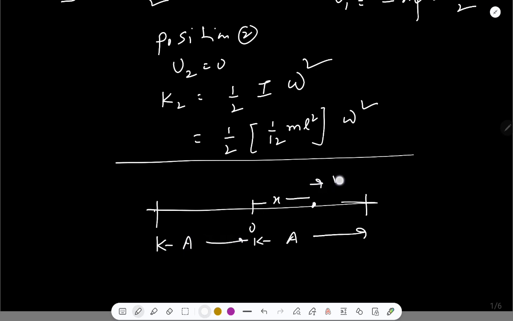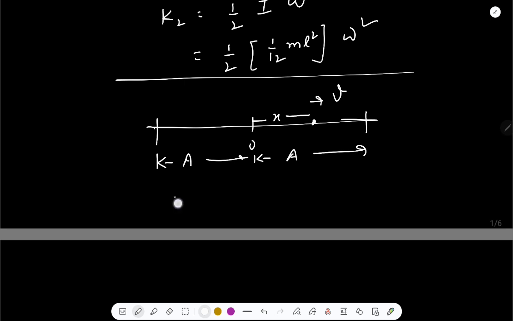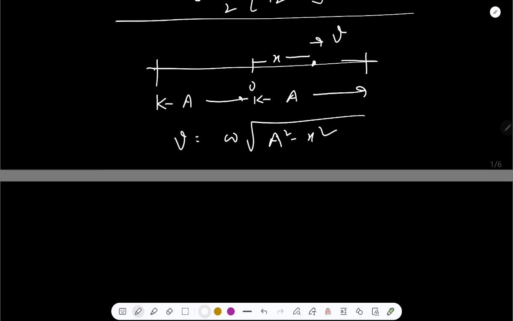So at this point the formula for velocity is simply written as v equals omega under root a square minus x square. You have remembered it several times, you forget it usually, but you know. So at the extreme position x is equal to a, so at extreme position velocity is zero.